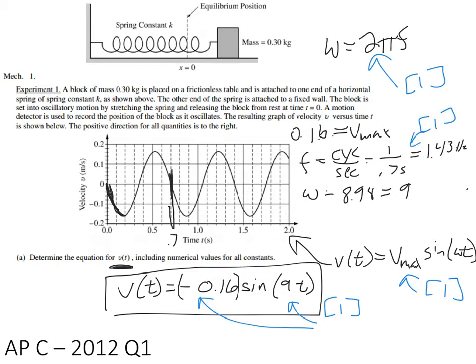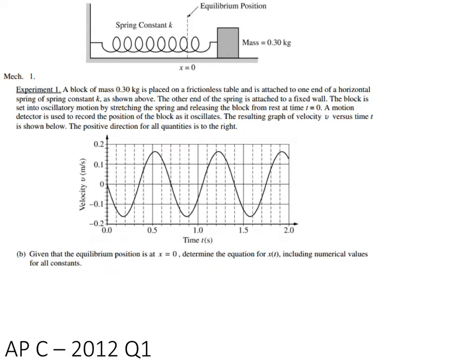And that was basically it. They did say that they would give you partial credit if you used an answer for part C to calculate omega. But like I said, this is how you get your full 4 points.